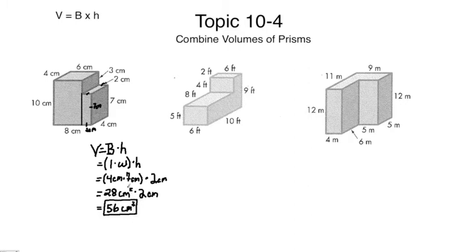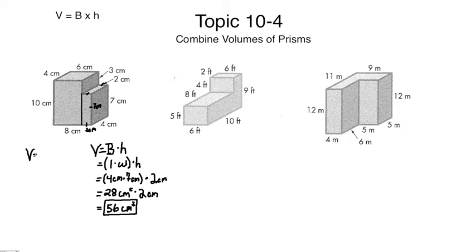So right now, I'm going to box it because I just found the volume of just this rectangular prism. Now I've got to find the volume for this rectangular prism. So I'm going to put in, let me make it go over wider.